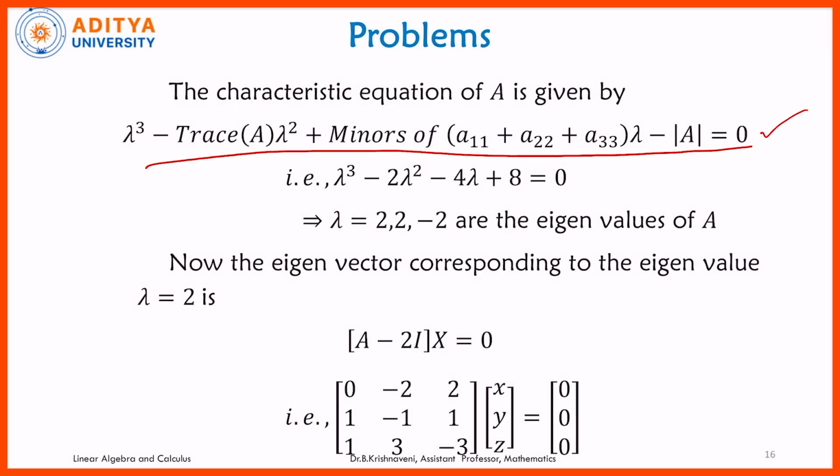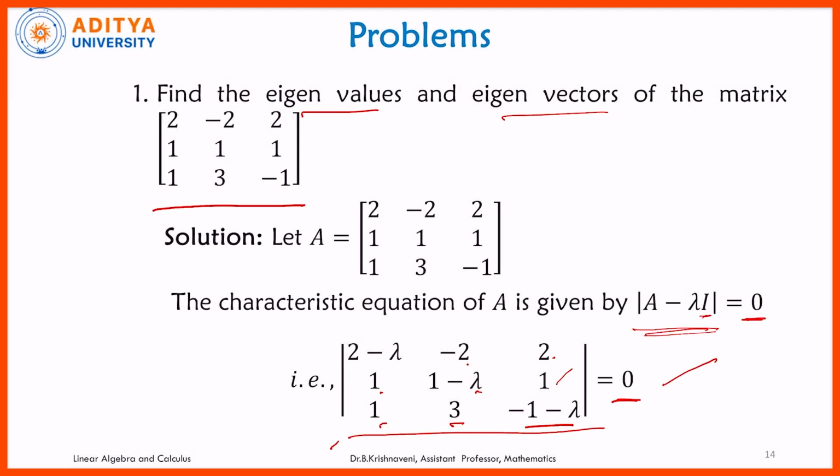The formula is lambda cube minus trace of A into lambda square, plus the sum of the minors of A11, A22 and A33 into lambda, minus det A is equal to 0. Directly you can use this to find the characteristic equation, provided the given matrix is of order 3. Only then we can use that formula.